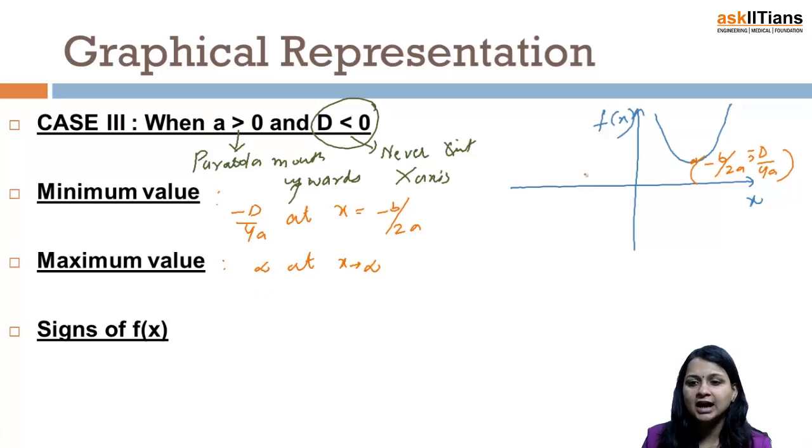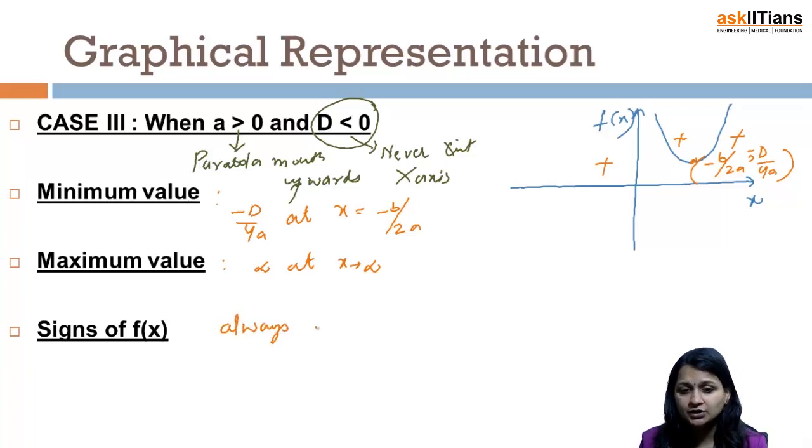When I talk about sign, you can see that it is always positive, because the whole graph is above the x-axis. That gives us a very important question. What kind of question? The sign of f(x) is positive.